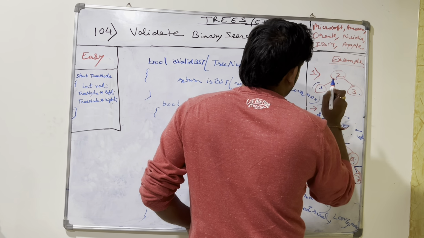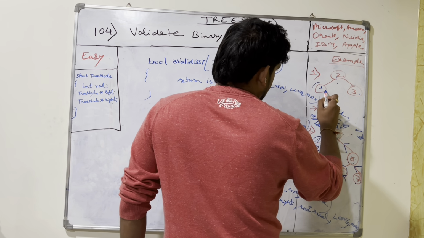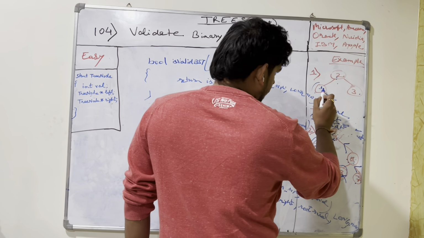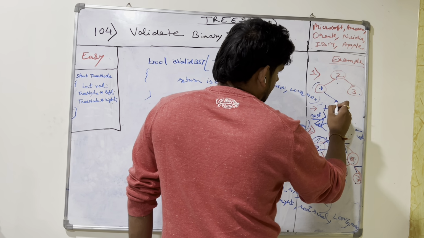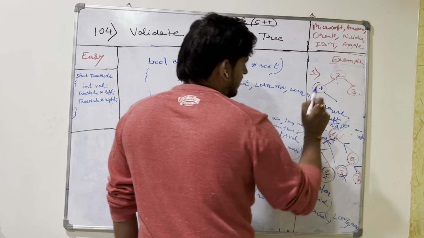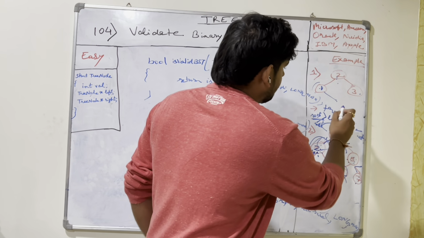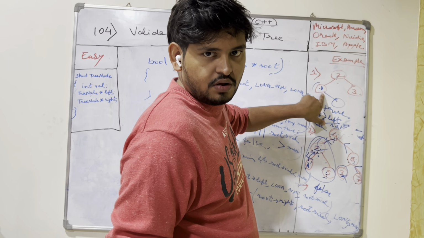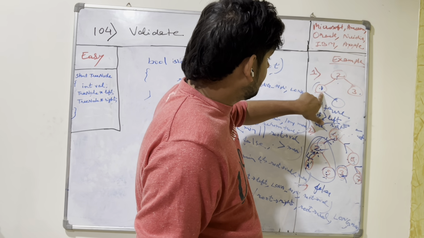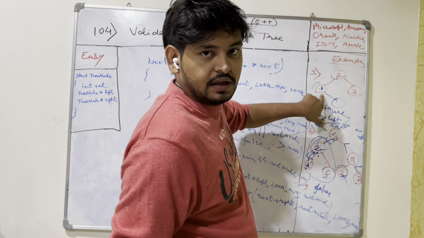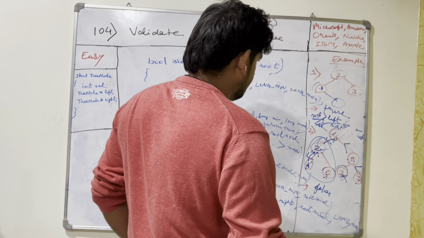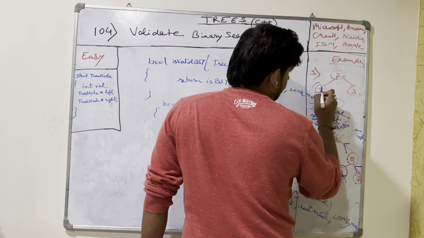Now I understood this, but when I go to its right, this 1's right, 2, 1, 3. Now since it's the right, it has to be greater than its root. Okay, so for it the minimum value is actually 1.